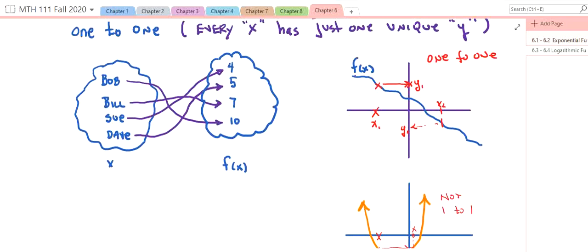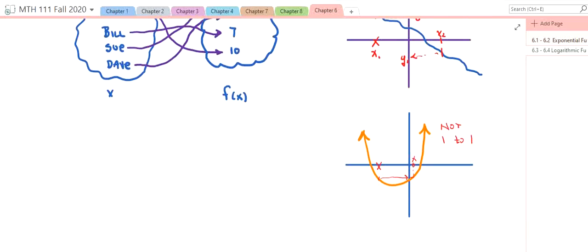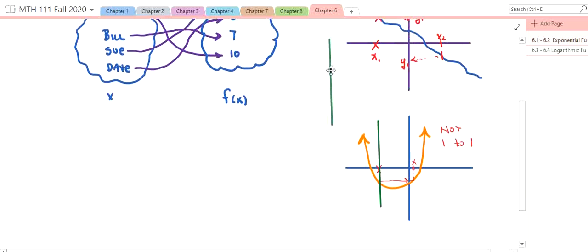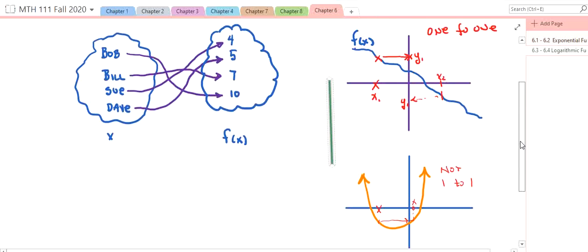Okay, one quick and dirty way to do this. Remember when we did functions, we had a vertical line test. It's a function if it only crosses the plot once for all x's, and you can see this only crosses the plot once. Same here, it only crosses the plot once as a function.